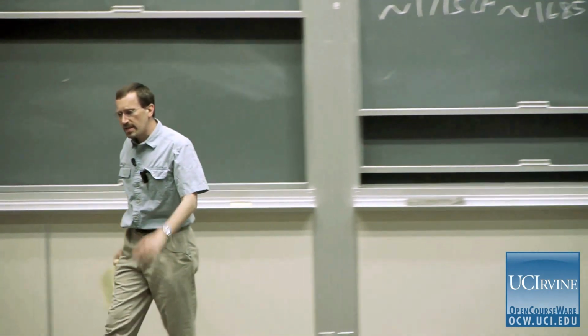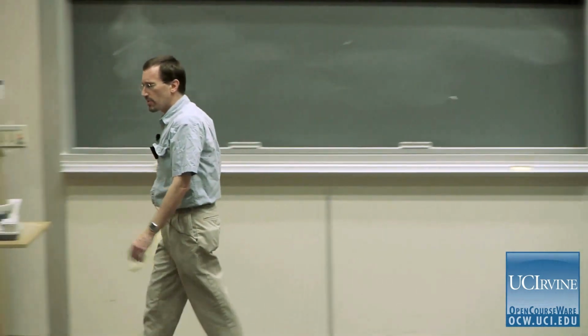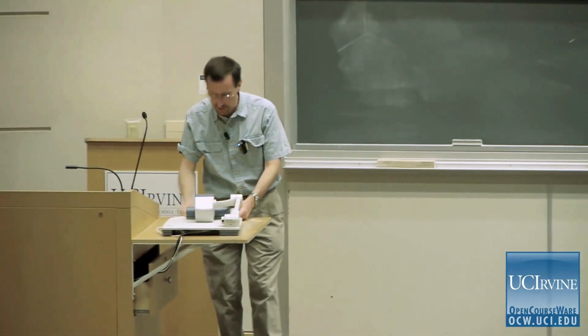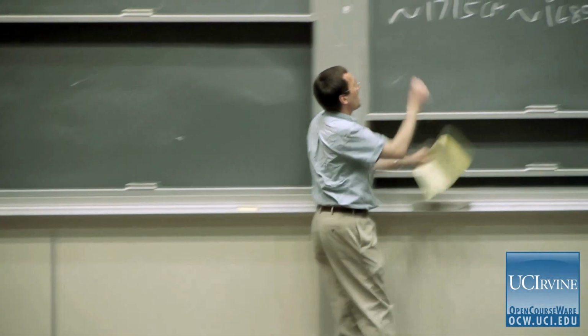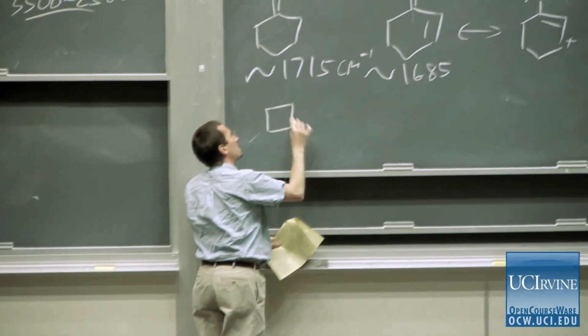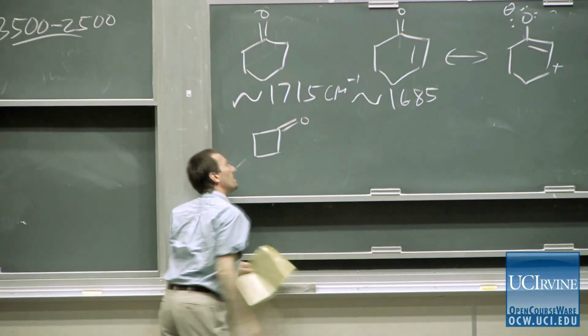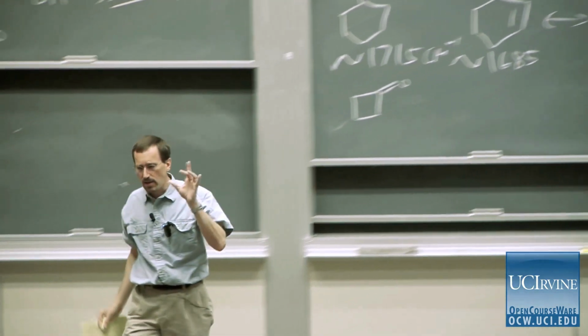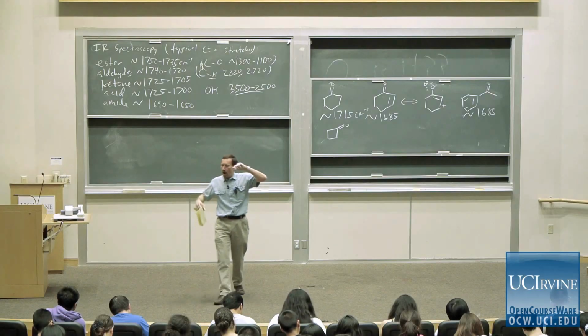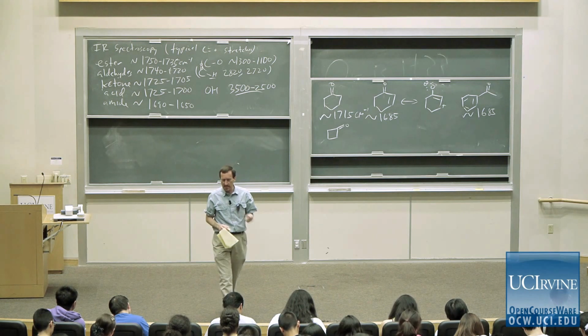Now, another thing that can change the carbonyl stretching frequency is ring strain. If you take a look, instead of cyclohexanone, at cyclobutanone, now you've got a four-membered ring. And of course, the bond angles in a four-membered ring are much smaller than in a six-membered ring.